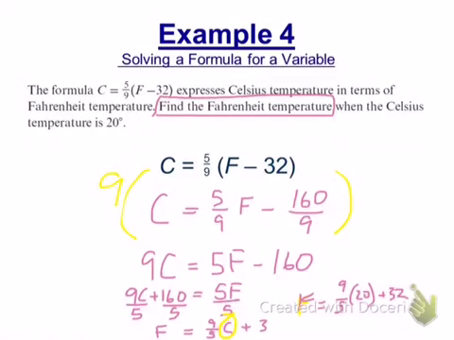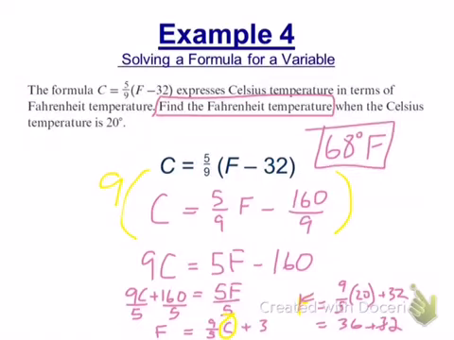Right? 9 over 5 times 20. 5 goes into 20 4 times. 4 times 9 is 36 plus 32 equals 68 degrees Fahrenheit. Okay, 68 degrees Fahrenheit is what we're working with here.